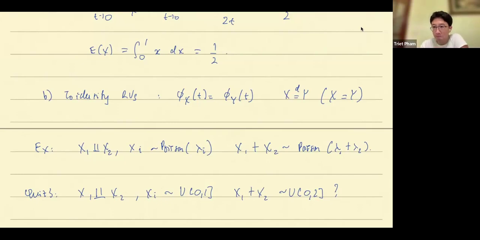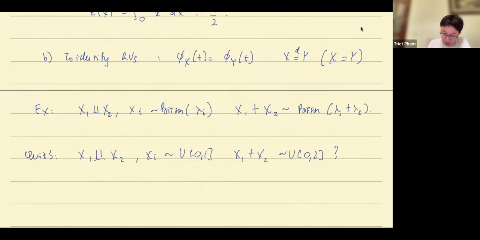Yes or no? Well, the answer is no. If you have two independent uniforms, then the sum will have this kind of distribution.